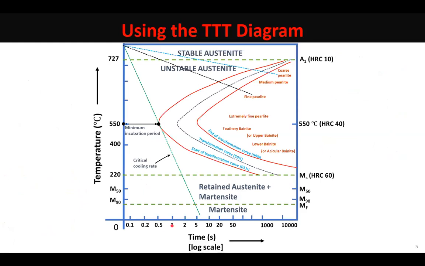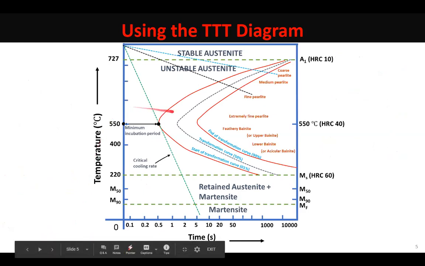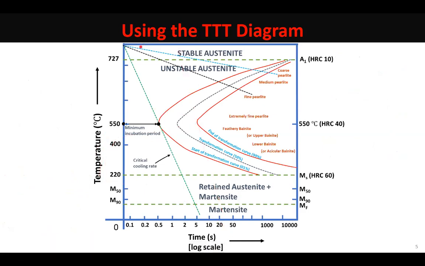Now I am trying to discuss with you how people started using the TTT diagram. People said that this TTT diagram is a temperature versus time curve. Cooling rates, when we cool the steel, are also temperature versus time.